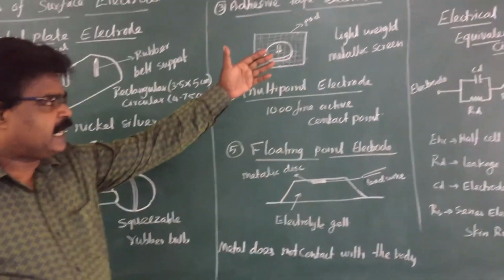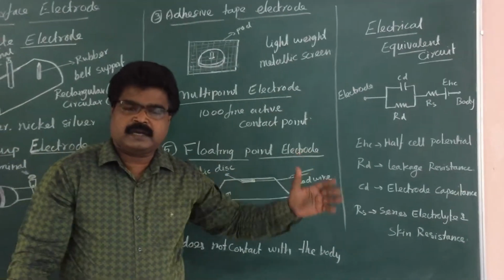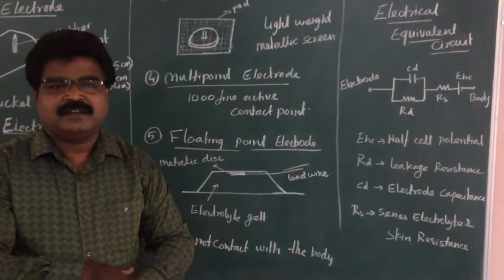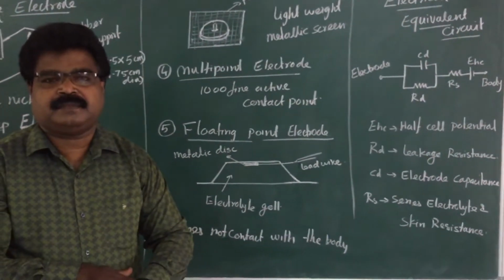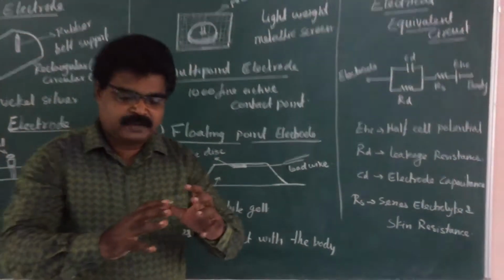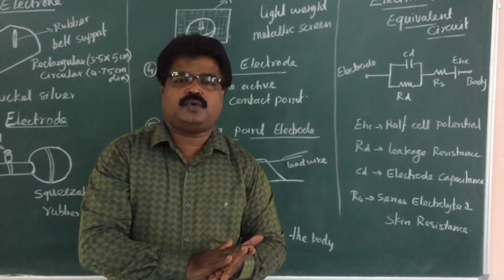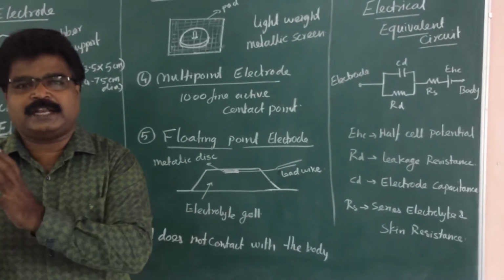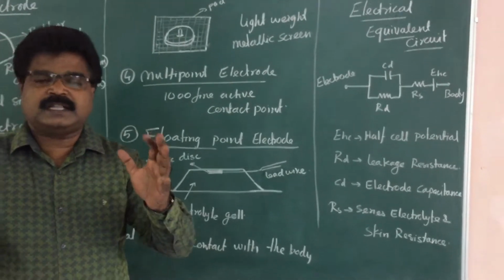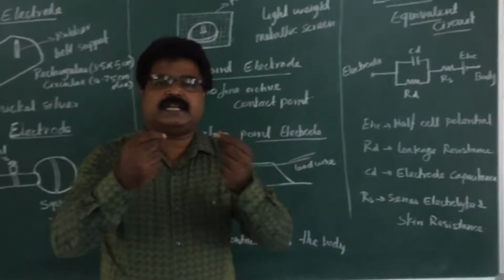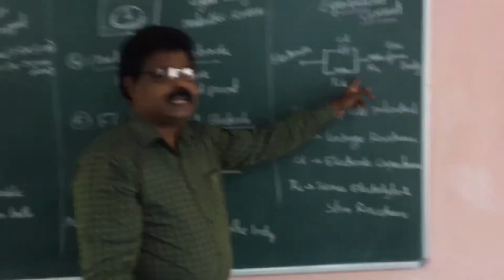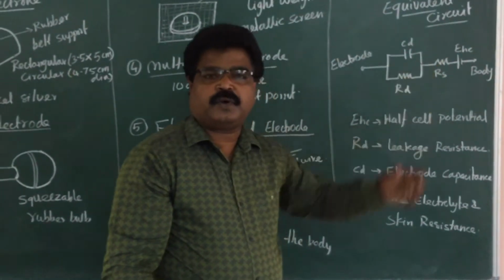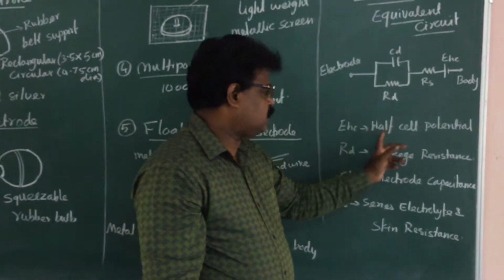Next one is the electrical equivalent circuit of the surface electrode. We are connecting the surface electrode over the skin: electrode, then electrode phase, then body, under that body fluids. If you convert that into an electrical circuit, this interface, electrode phase, electrolyte, where electrolyte means body fluid, gives this electrical equivalent of the electrode and the body fluids. EHC is called half cell potential.